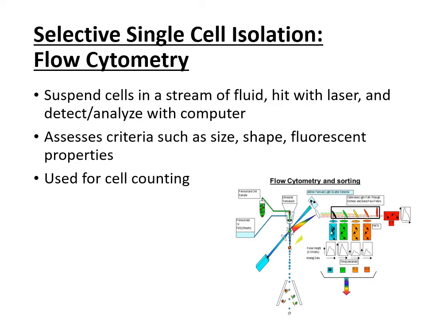Now, you don't need to know the details of exactly how flow cytometry works because this is not a biochemistry course. But what I want you to know is that flow cytometry is a technique that does exist to help with single cell isolation. It's able to give criteria such as size and shape, as well as some properties of the excited particles. But like I said, you don't need to know the details of exactly how this works.